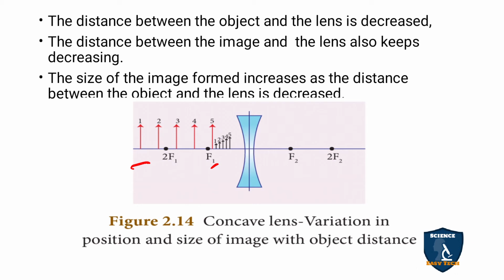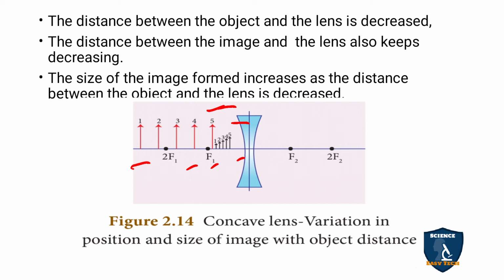When the object comes nearer, this one is the last object, you are getting the object closer to the lens, and the image formation shows a large one. So when the object is far away, the image formation is small.